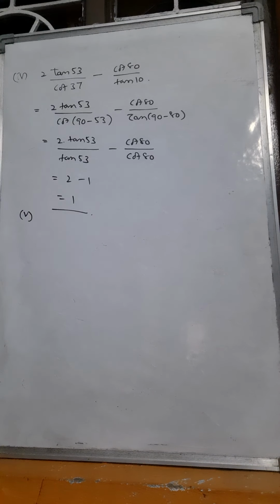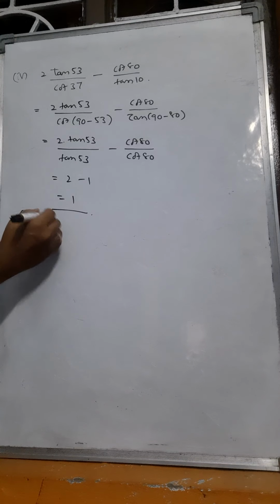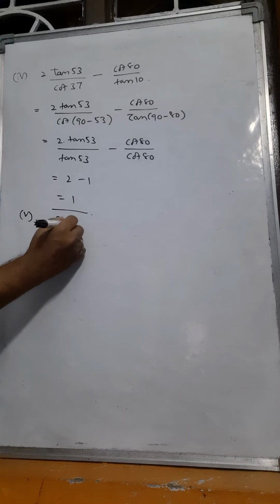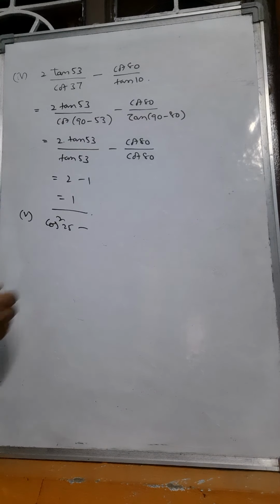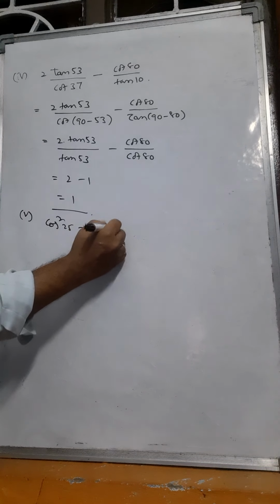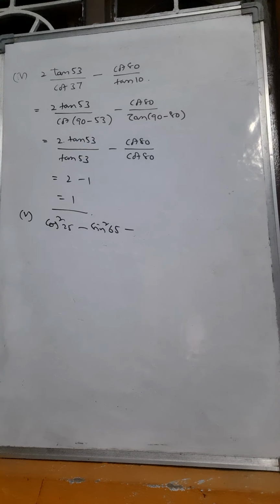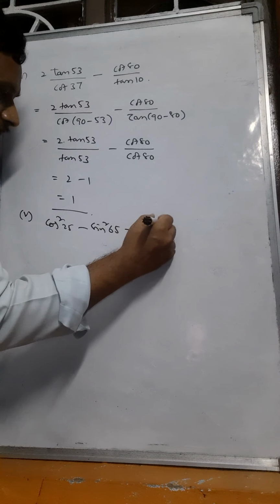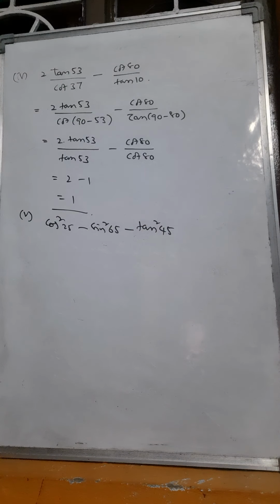What about the fifth problem? Cos square 25 minus sin square 65 minus tan square 45. We know that the tan 45 value is 1.